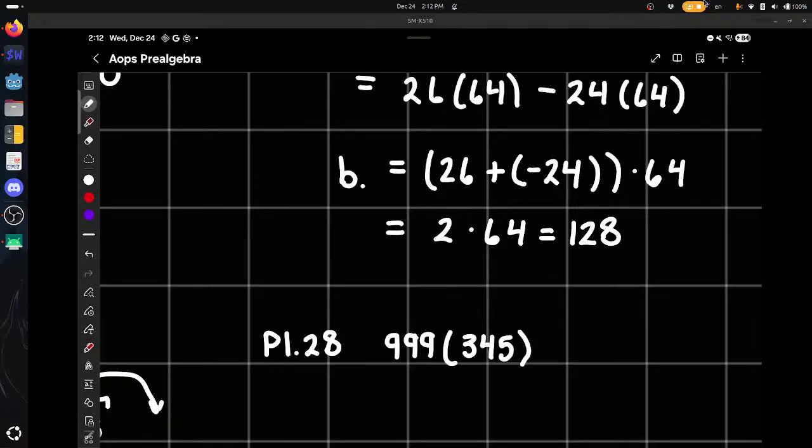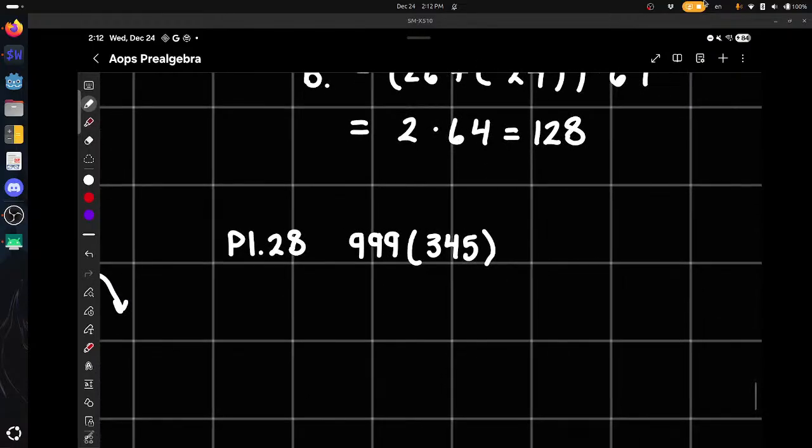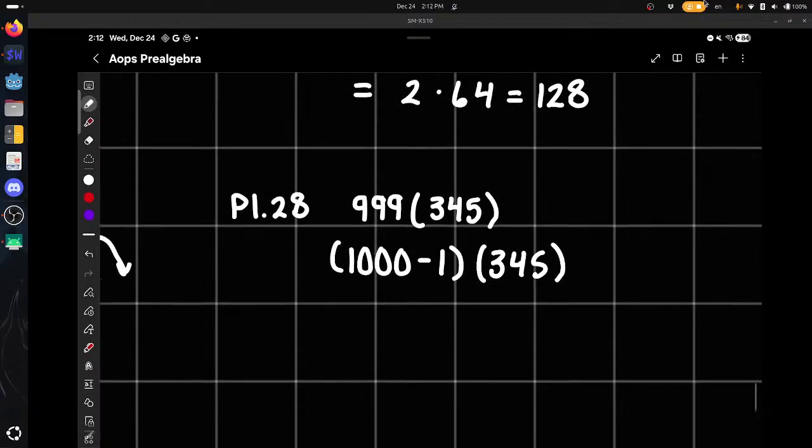And they also give us a hint saying that, well, 999 is really 1000 minus 1. We can now distribute that 345. So we're left with this.